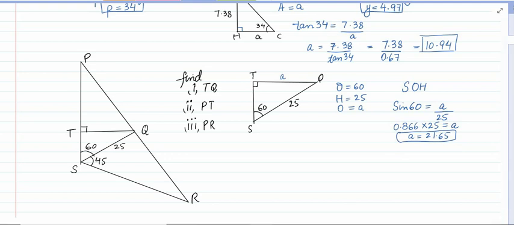After the value of A, the second unknown is PT. In our question, this angle is also 90 degrees.